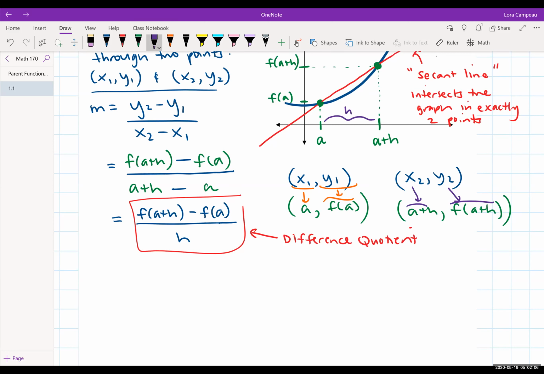A lot of times when we're in these higher level math classes, there's a lot of formulas. It really helps to understand where they're coming from. If you can make a connection to your past, it's a little easier to build on that knowledge than it is to memorize just random letters and numbers everywhere. So one of the key points is that the difference quotient is really just the slope of the secant line.